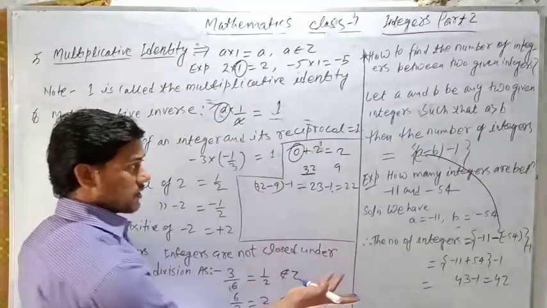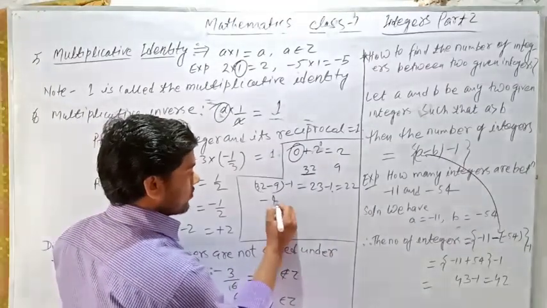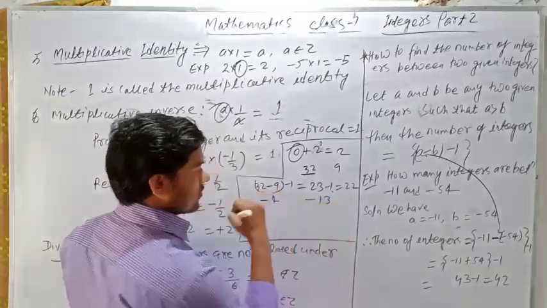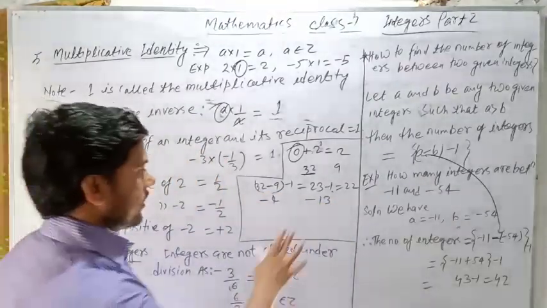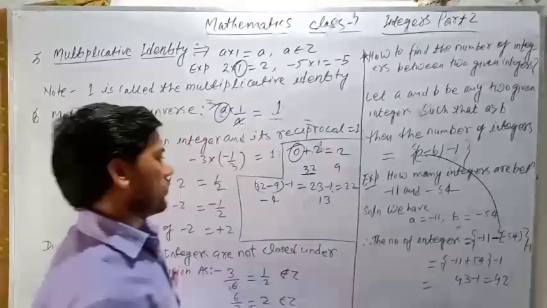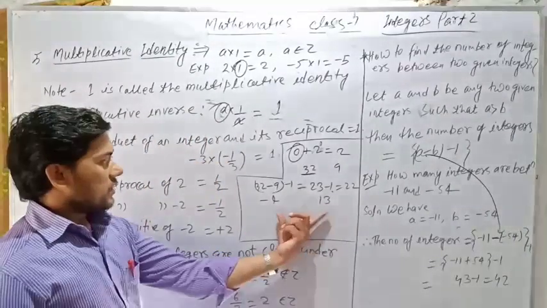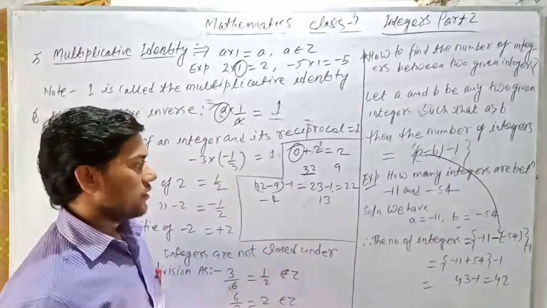How many integers are between minus 4 and 13?